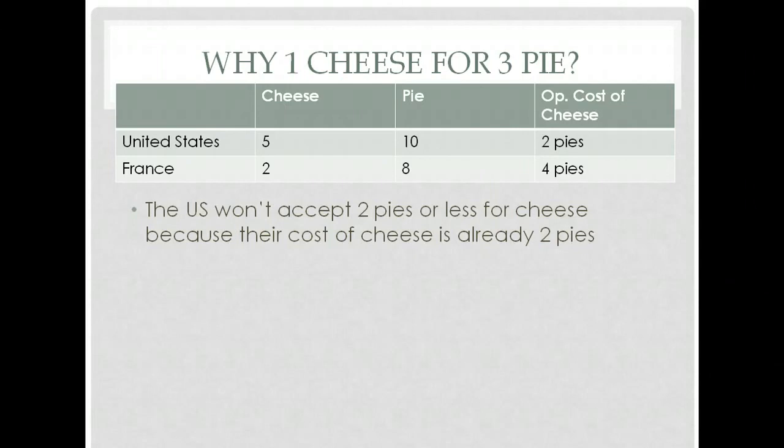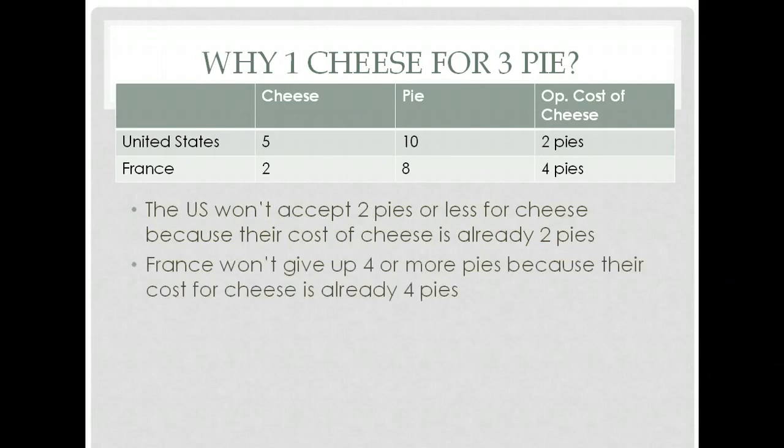By the same token, France's cost for cheese is 4 pies all by itself. So France isn't going to make this trade unless it can give away less pie. In other words, unless its cost is less than 4 pies. So the US won't accept less than 2 pies, but the French won't give away 4 pies or more.